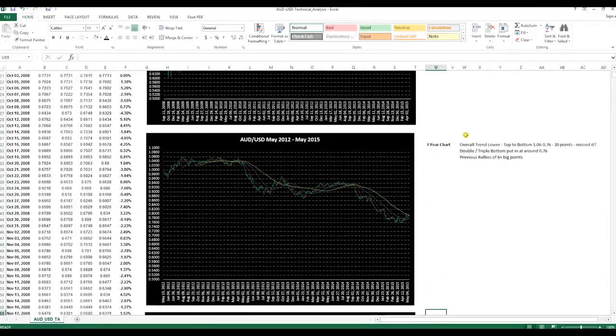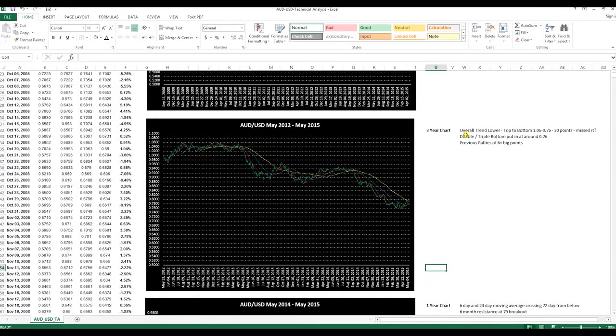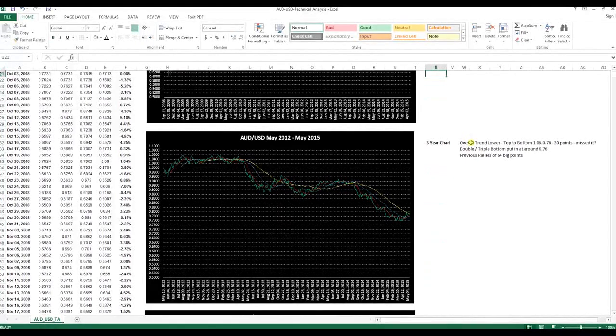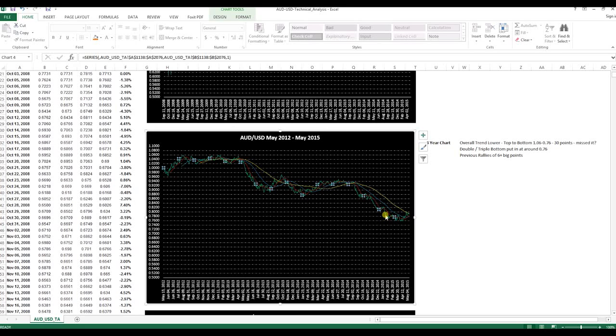So if we scroll down and look at the 3-year chart, what are we noticing here? Well, the first thing we notice is that in the last 3 years, so since May 2012, the overall trend has been down. One thing you can do if you want to work out what the overall trend is very quickly, you can just select the data of the chart.